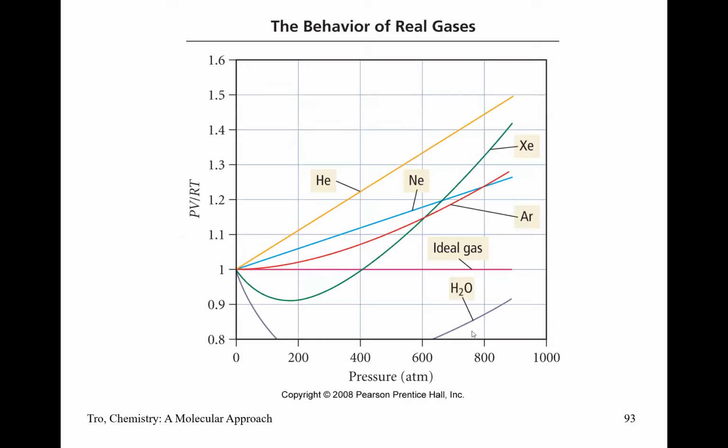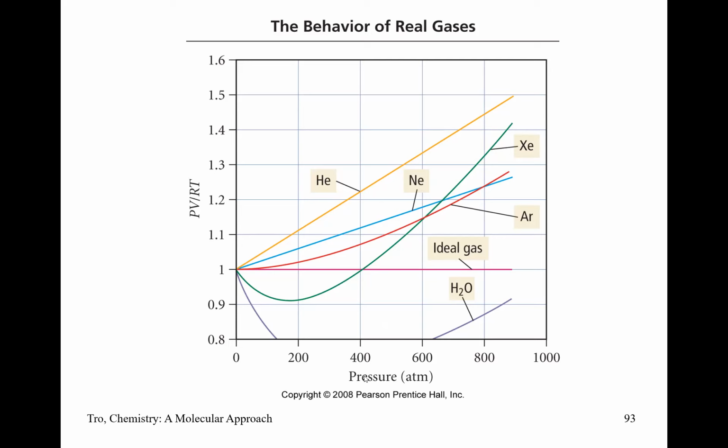Then here they picked out a few gases, and where these things deviate away. Notice they all come back down here and meet, and the ideal gas law stays at 1, but these things behave differently. And in Chem 162, we'll talk about these different gases and why some of this might be due to their structure, behavior, and things going on.